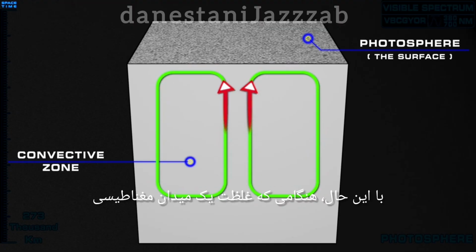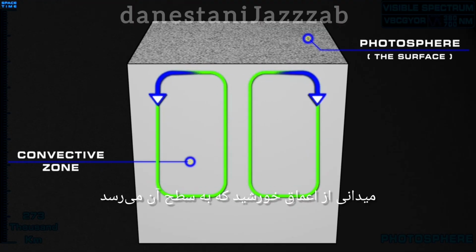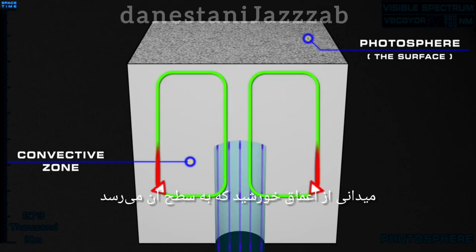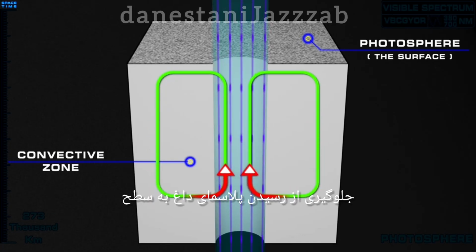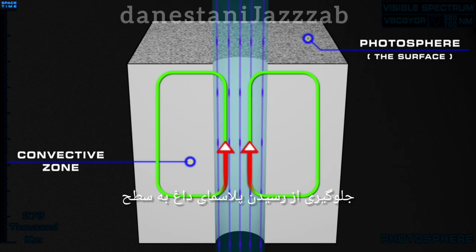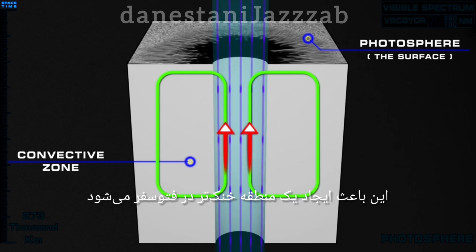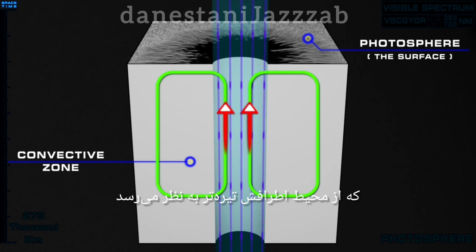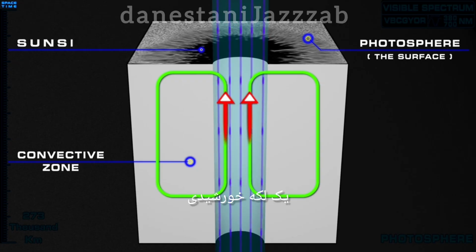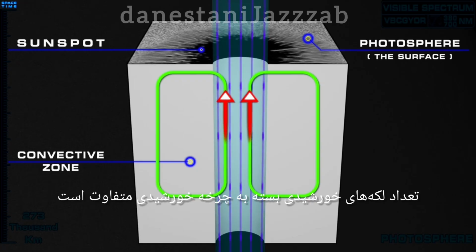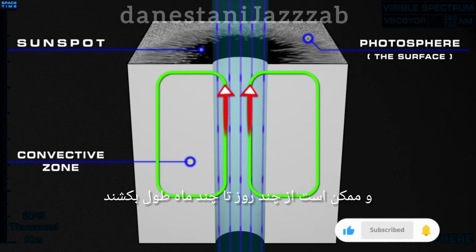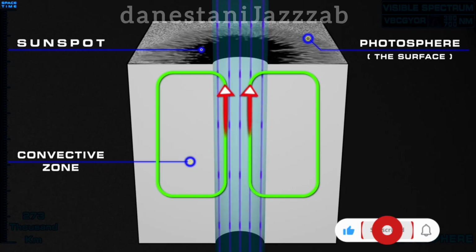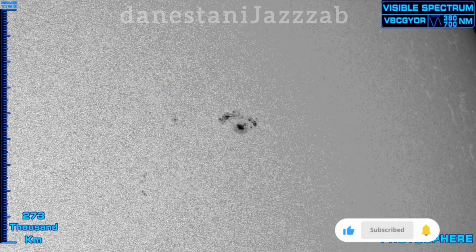However, when concentrations of a magnetic field from deep within the sun reach up to the surface, they inhibit the convective currents, preventing the hot plasma from reaching the surface. This creates a cooler area in the photosphere, which appears darker than its surroundings. A sunspot. The sunspot's number varies according to the solar cycle, and they may last anywhere from a few days to a few months, but eventually decay.